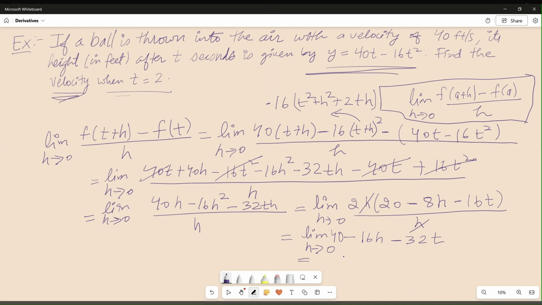What we are left with is 40 minus 32t. This is f prime of this function, the derivative, in feet per second.